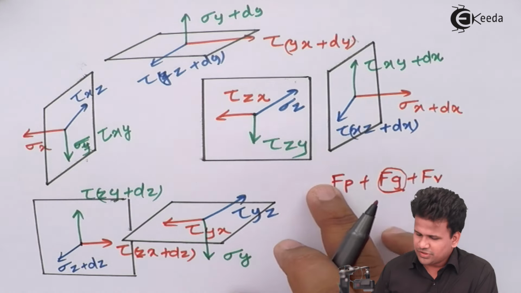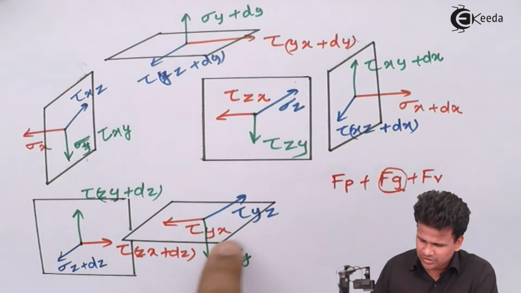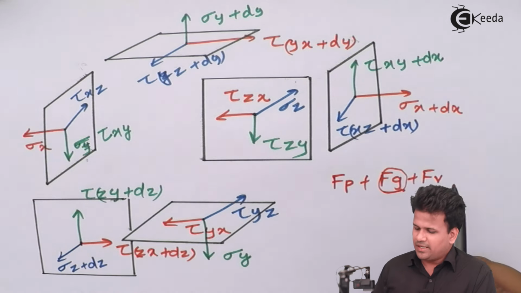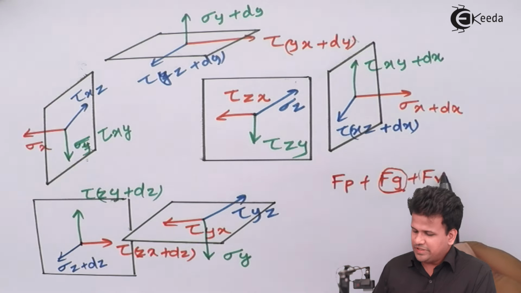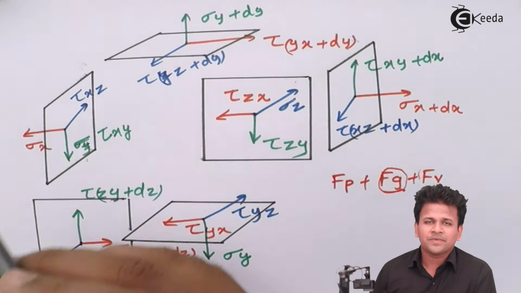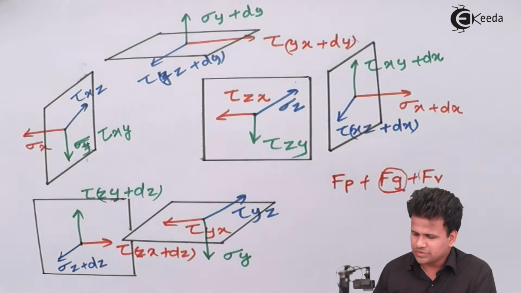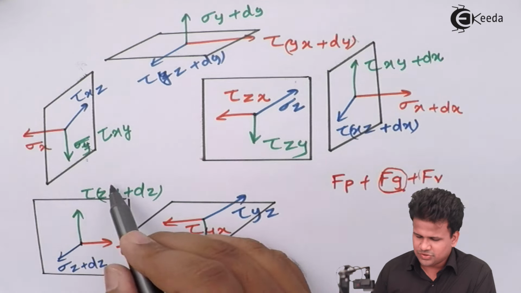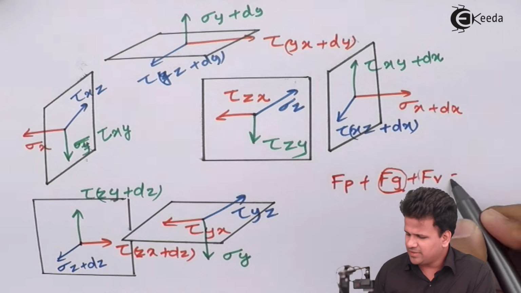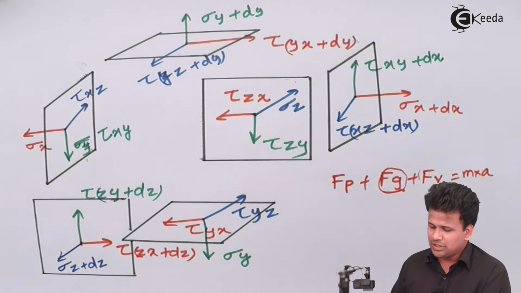The force due to pressure consists of sigma x plus dx and all the sigma terms, because they are perpendicular to those planes. Fv, the viscous force, is the force due to tau, that is shear stress, which is parallel to those areas. All these forces parallel to the areas we have to take into consideration, and that will be equal to mass into acceleration along that individual direction.